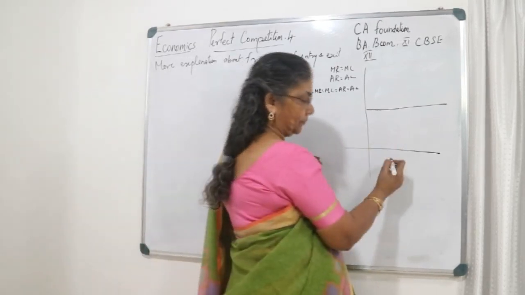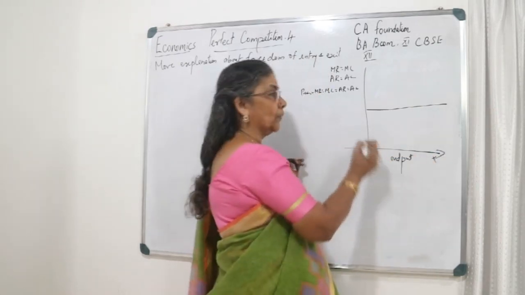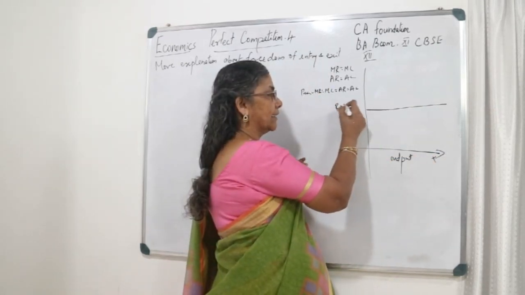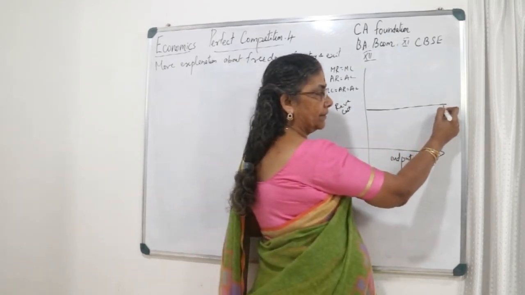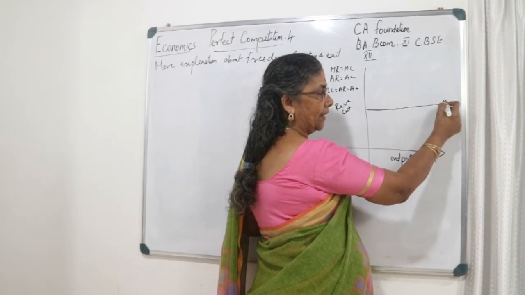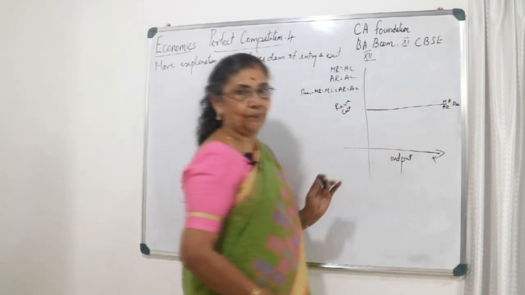So in the long run, you can see on the x-axis output, y-axis revenue and cost, and here AR, here MR and price, that you know.